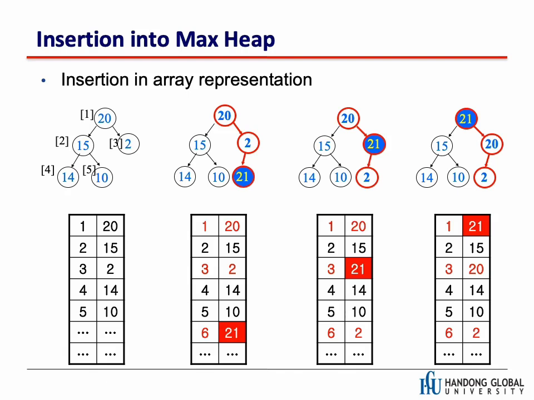So the array is kind of full. From the first cell to the last cell, from the first node to the last node, we don't have any empty cell in the middle of these nodes. So array representation might be good, and especially when we use an array representation, given a node, we can find its parent so easily.